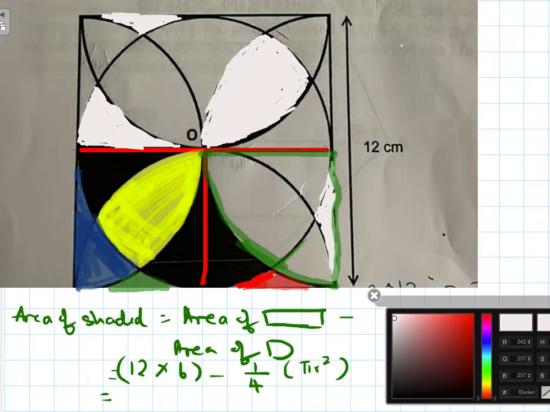Okay, I need to pull out the calculator. But actually, you should be able to get 43.74 centimeters squared. Okay, so this is the answer.